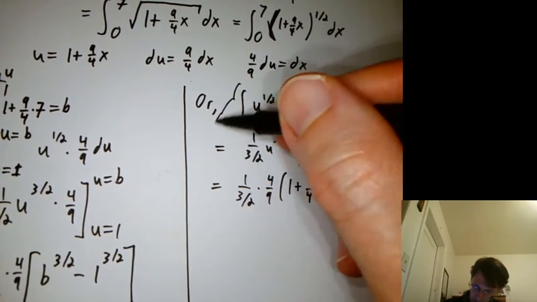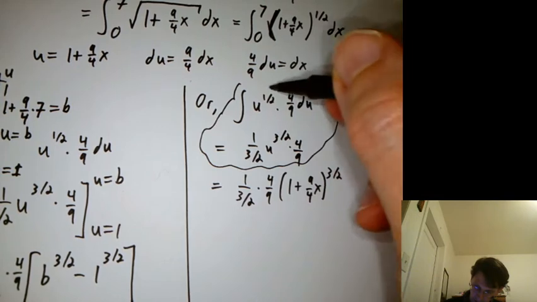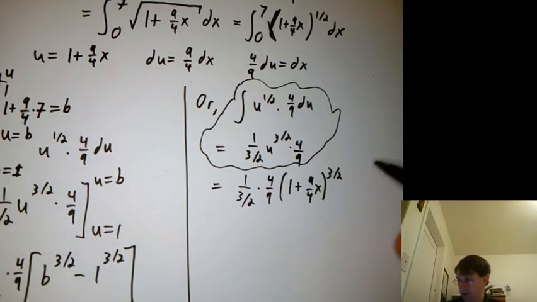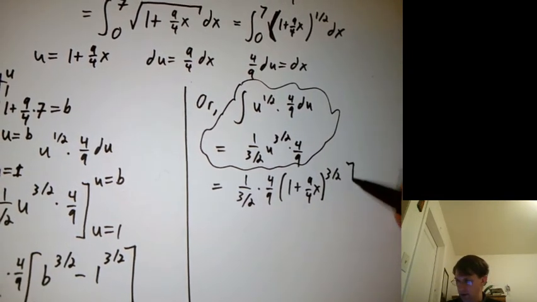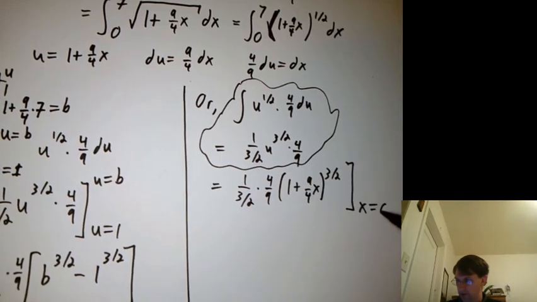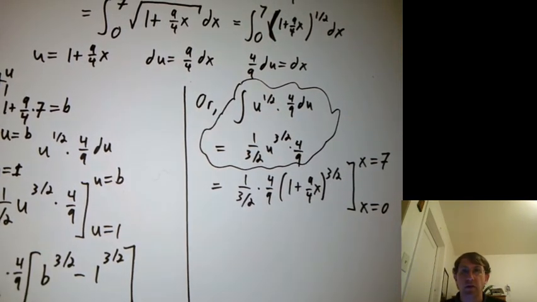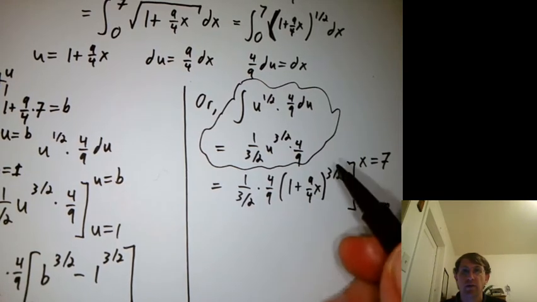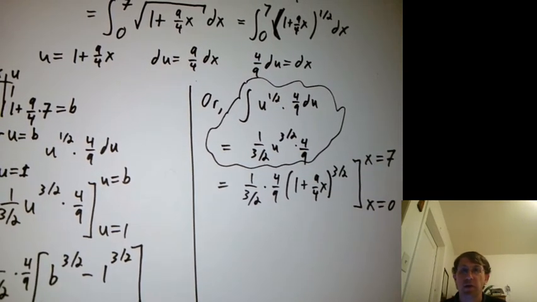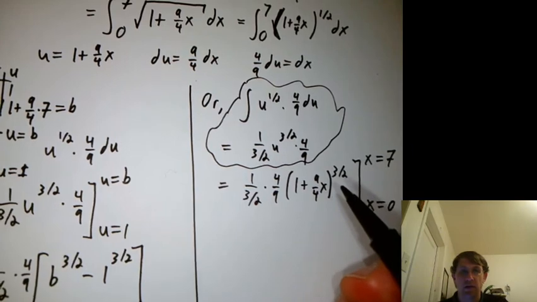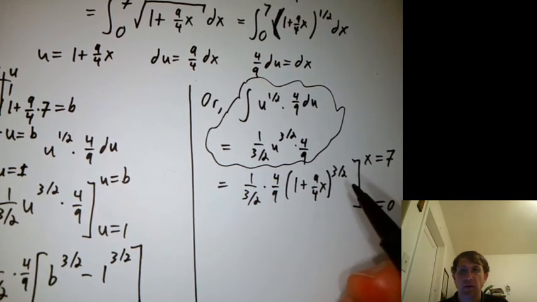And so let me put the indefinite stuff in its own little box here, and then all of that is from x equals 0 to x equals 7. So since I don't feel like doing this arithmetic, and I'm pretty sure you don't either, let's go have it done in Desmos, just to check.